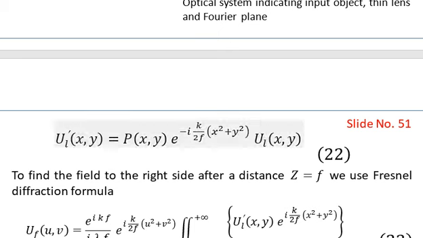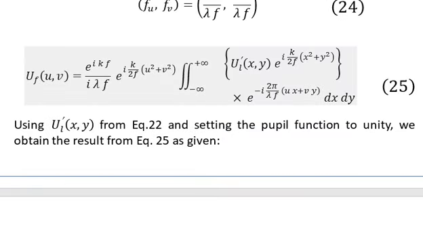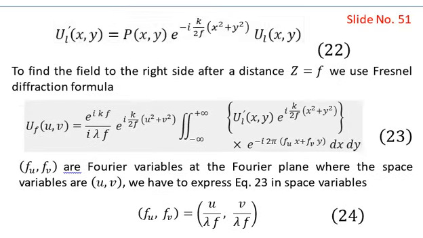So in the formula that we are discussing right now, the pupil function and ul are present, and this quadratic phase factor in x square plus y square will cancel out the quadratic factor which is present in the curly bracket in equation number 25, due to the negative sign in equation number 22.